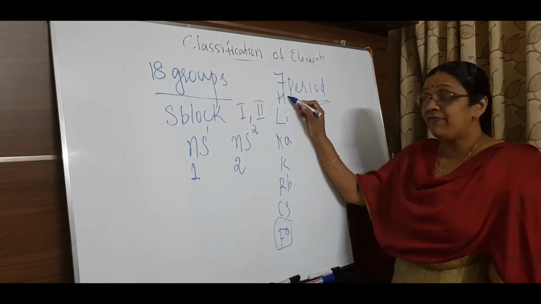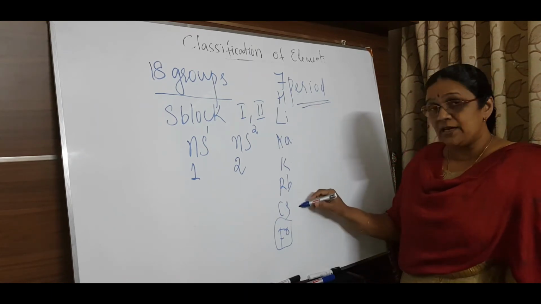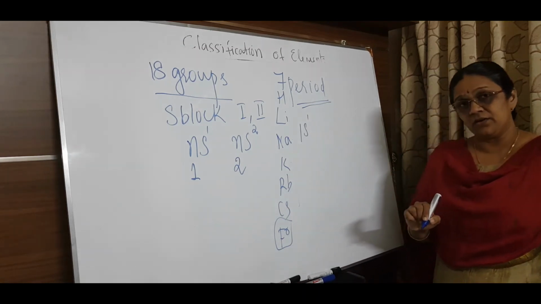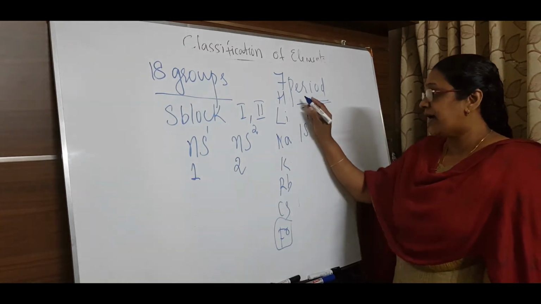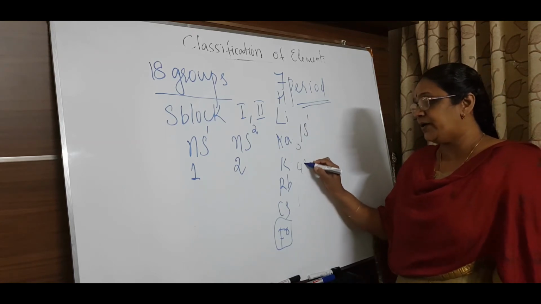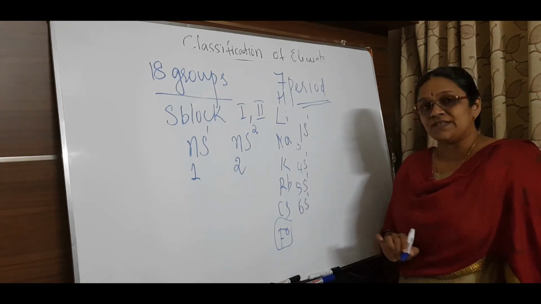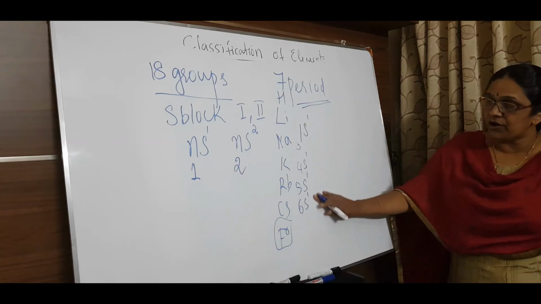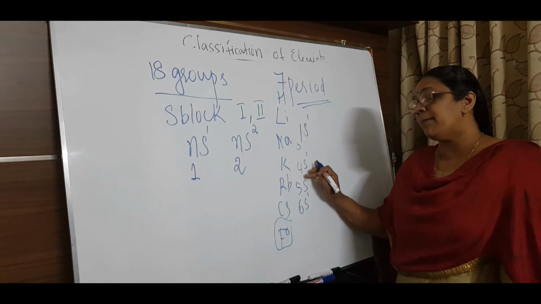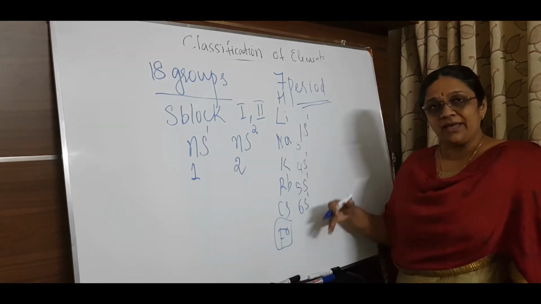In all these elements, the outer electronic configuration will be NS1: 1s1 for hydrogen, 2s1 for lithium, 3s1 for sodium, 4s1 for potassium, 5s1 for rubidium and 6s1 for cesium. That means the outer electronic configuration is 1 electron in the s orbital, but the principal quantum number differs according to the period. First period is 1, second is 2, like that.